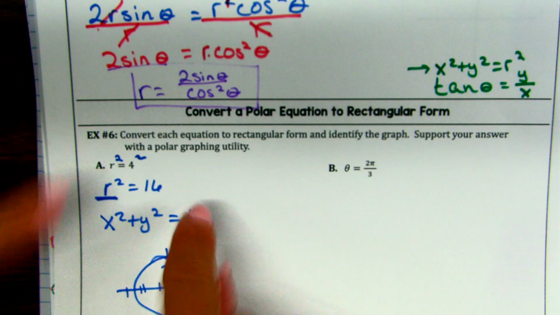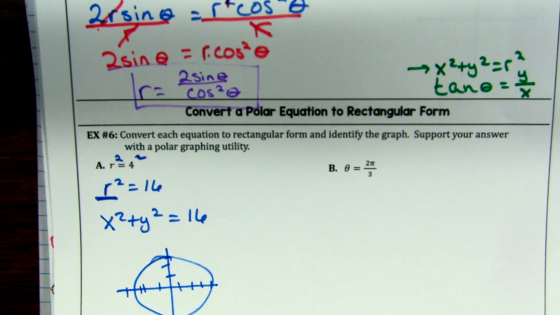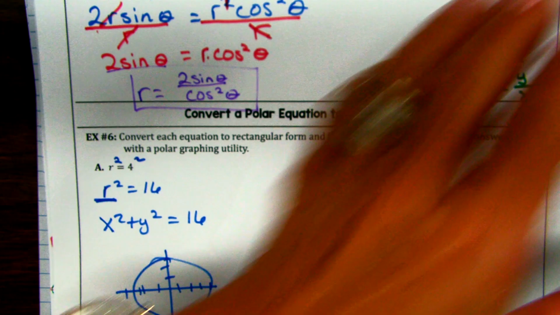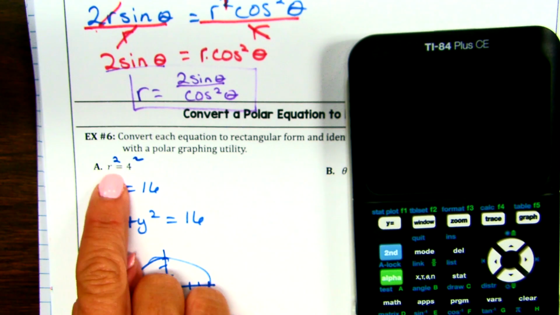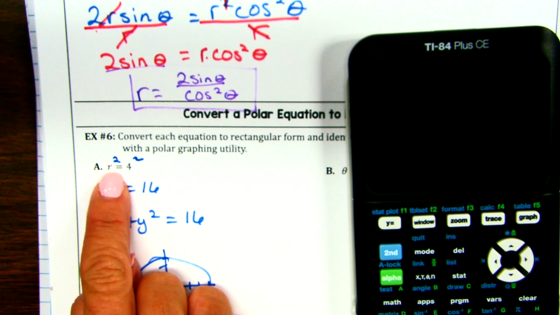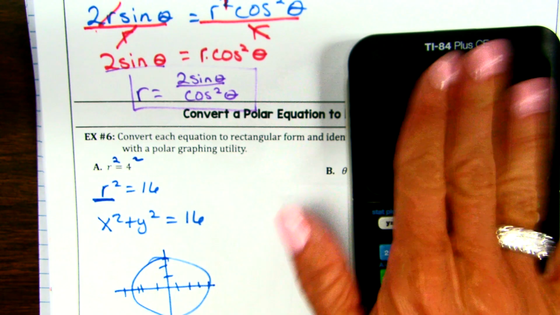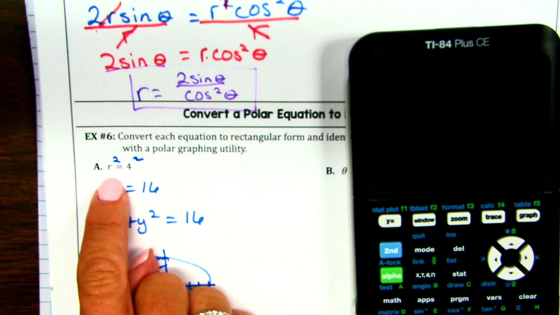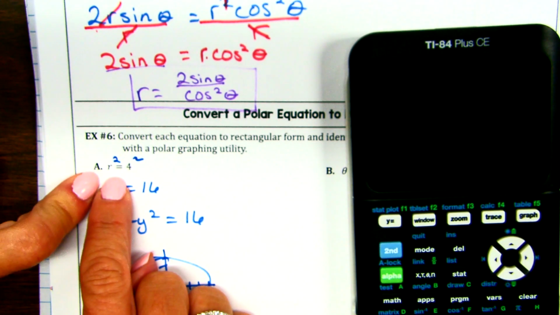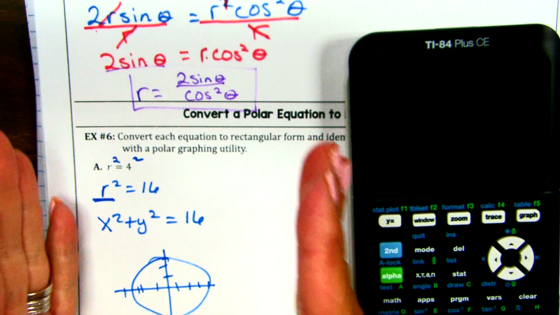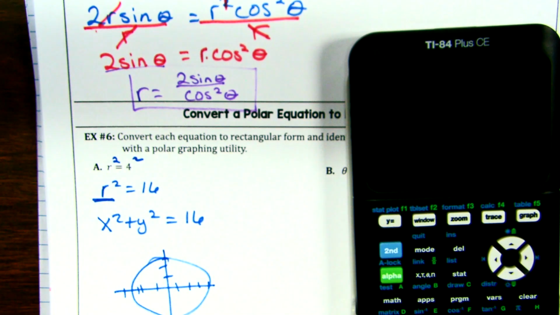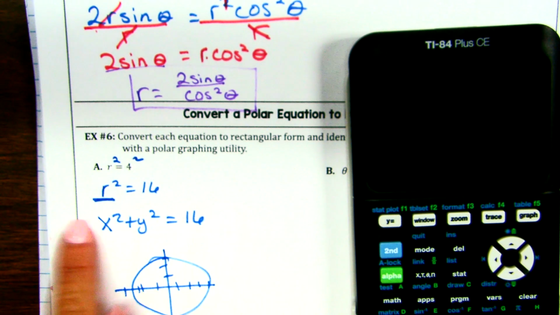Next week when we have a little bit more time, I'm going to have calculators side by side. I'll have one calculator with this equation in it. By the way, you can graph polar equations on here, which is going to help you with your project next week. But anyway, I'm going to have one calculator with this equation in polar form, and then I'm going to have another calculator right next door to it, side by side, with the algebraic one.